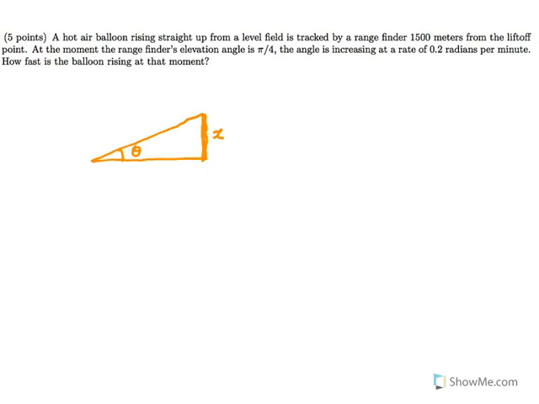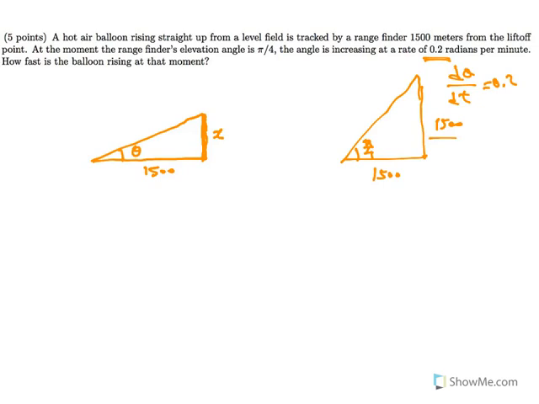A hot air balloon rising straight up from a level field is tracked by a rangefinder 1500 meters from the liftoff point. At the moment that the rangefinder's elevation is pi over 4, meaning at this instant, you deal with an isosceles triangle, therefore height is 1500. The rate of increase of the angle is given, d theta dt is 0.2 radian per minute. How fast is the balloon rising?